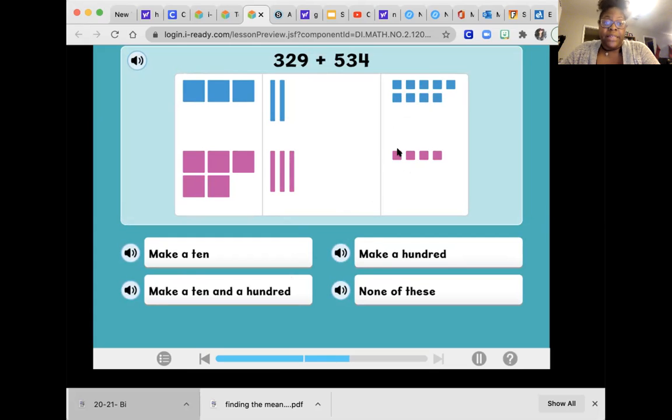So we're going to make a 10 because we can't make 100. We need 10 tens to make 100, and we need 10 ones to make a 10. Nice move. You will make a 10 when you add 329 plus 534.